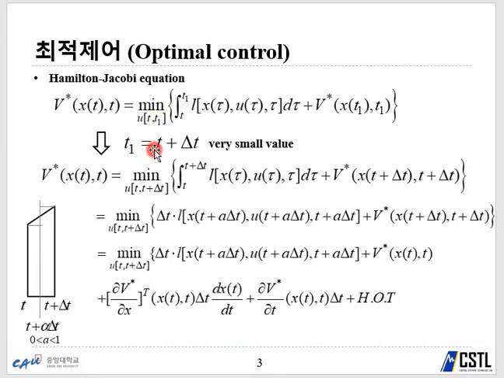t1 is defined as t plus delta t. Delta t is a very small value. So we can rewrite the equation, substituting t1, such as we integrate this function. Integrating is finding the area of the trapezoid like this picture.